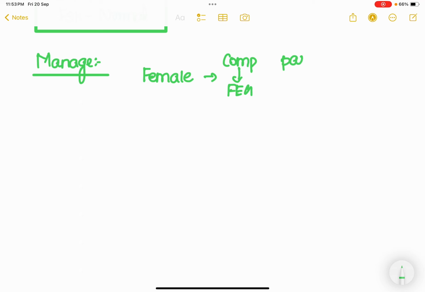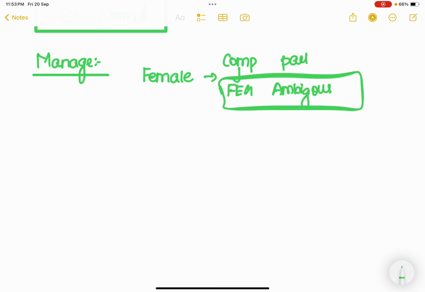In the partial variety, it is going to be ambiguous genitalia, where female external genitalia which were partially masculinized are present. So ambiguous genitalia in partial androgen insensitivity syndrome, and female external genitalia in complete androgen insensitivity syndrome. Since it is female external genitalia, they are taken as female at birth.